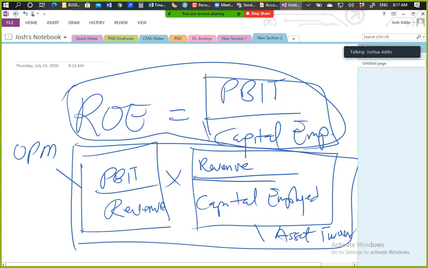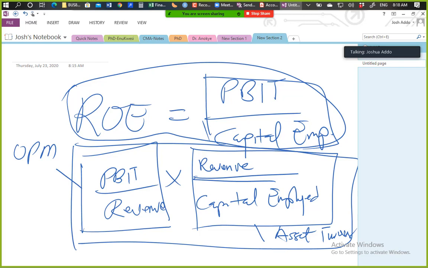If that is the case, then the conclusion is that a company's return on capital employed, ROCE, is a product of that company's operating profit margin and asset turnover.